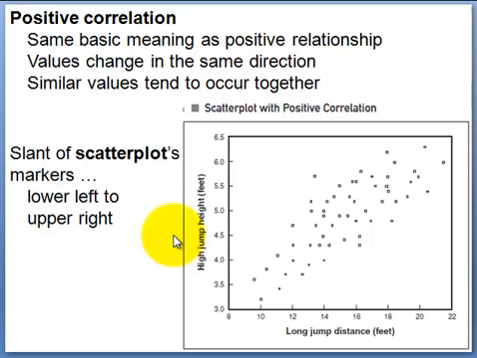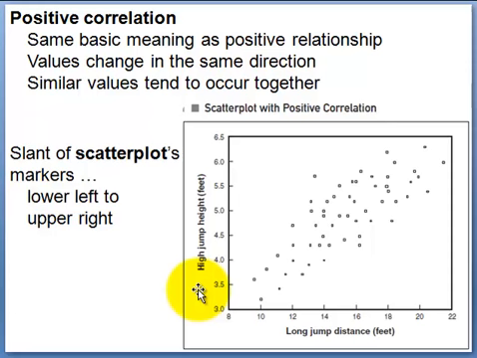So perhaps more specifically one could say a scatter plot conveys the correlation between two numeric variables, or, more broadly, relationship. So let's take a look here at this scatter plot. It is depicting relationship between two variables, distance jumped in the long jump and height jumped in the high jump.